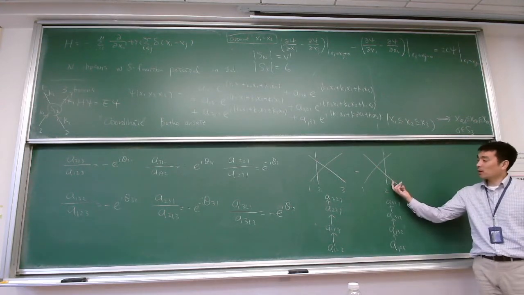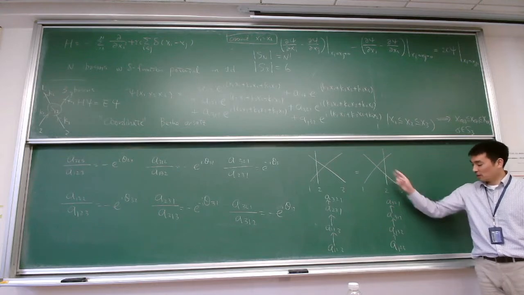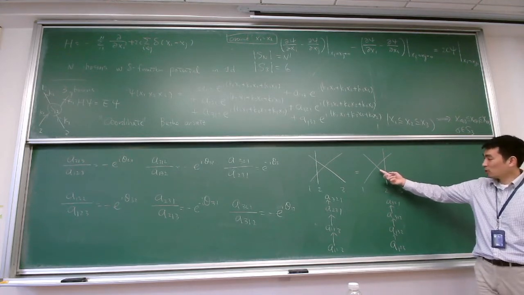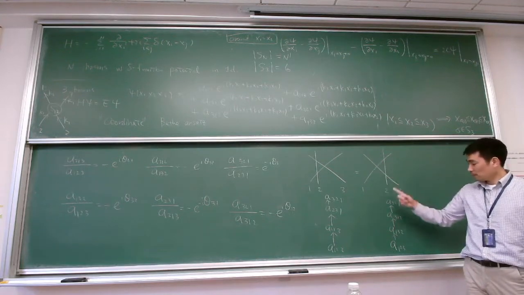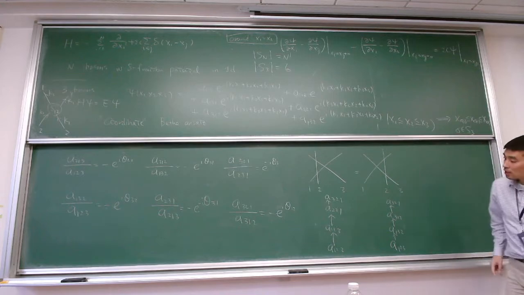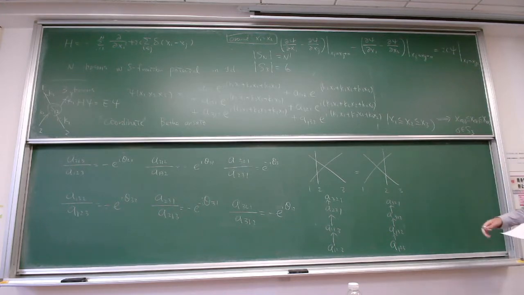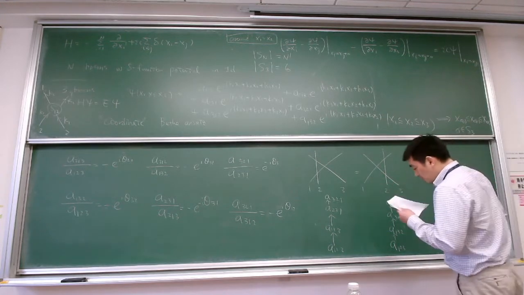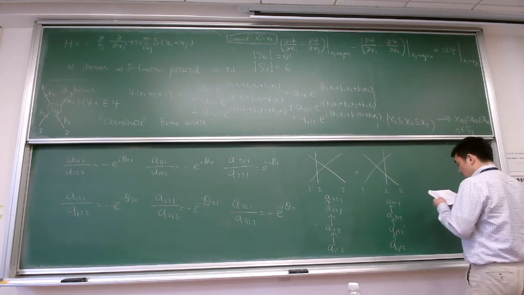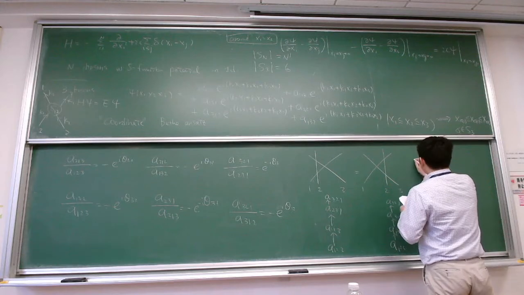First you swap 2, 3, next you swap 1, 3, and then you swap 2, 1. This is some precursor of the Yang-Baxter equation.